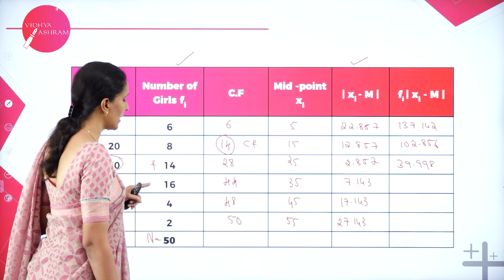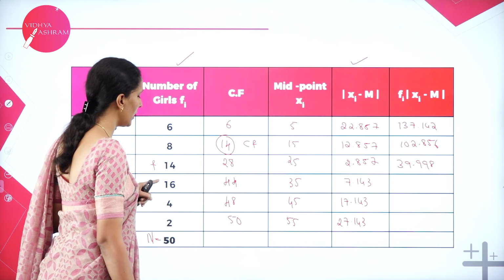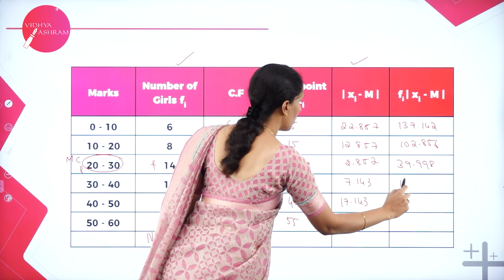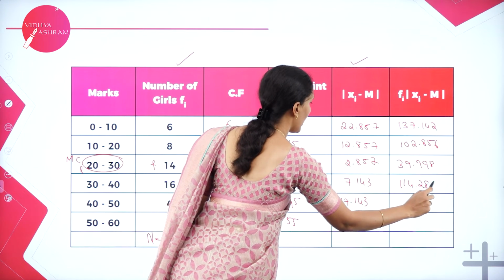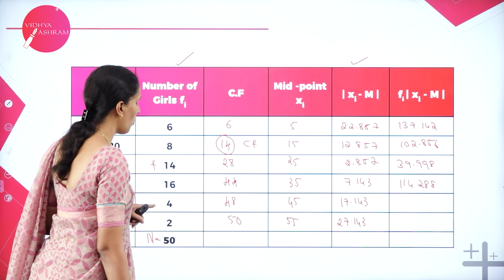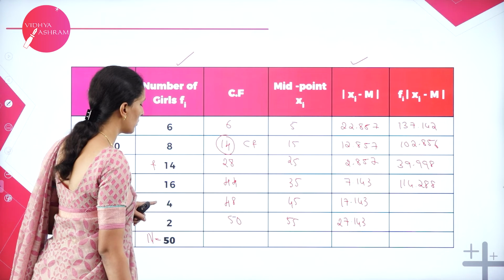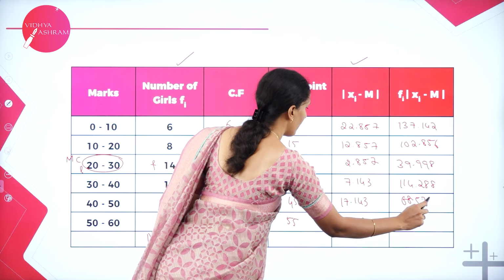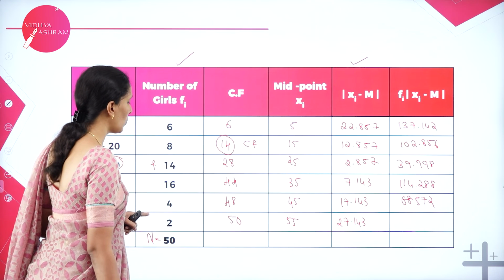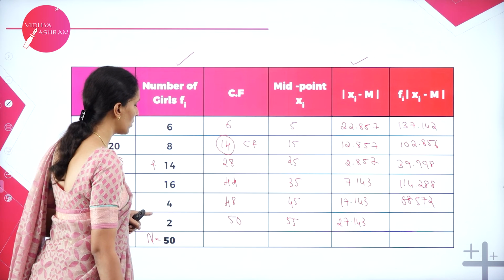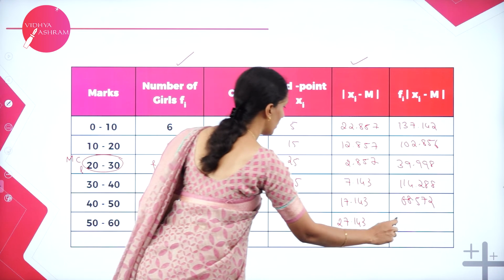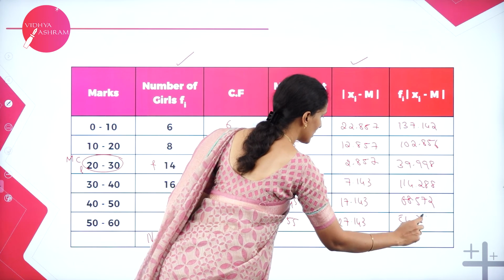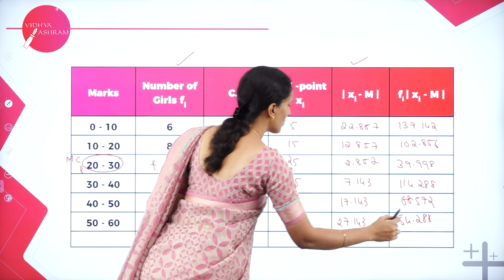Next we have 16 into 7.143. It is 114.288. 4 into 17.143. It is 68.572. Next we have 2 into 27.143. It is 54.286.